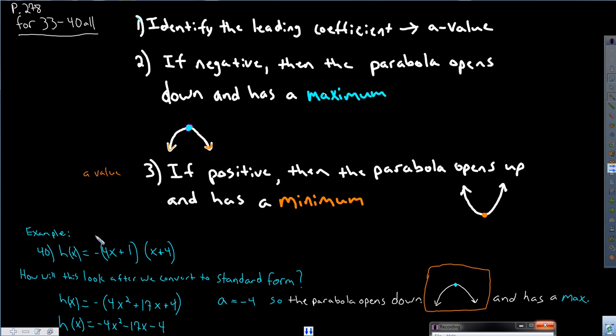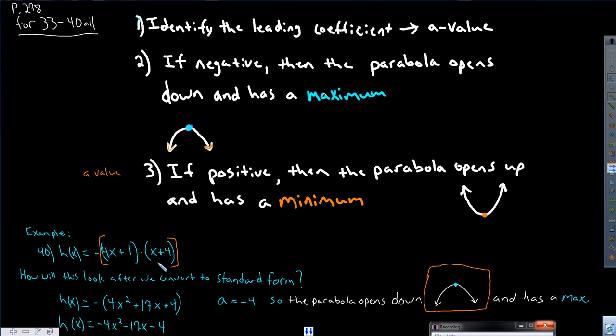So the example that I show right here, number 40, one of the tougher ones, we have the negative quantity of 4x plus 1 multiplied by the quantity x plus 4. How's this going to look after we convert it to standard form? Well, the first thing I would do is FOIL, because I'm allowed to multiply in whatever order I want. I would multiply 4x times x to get 4x squared.